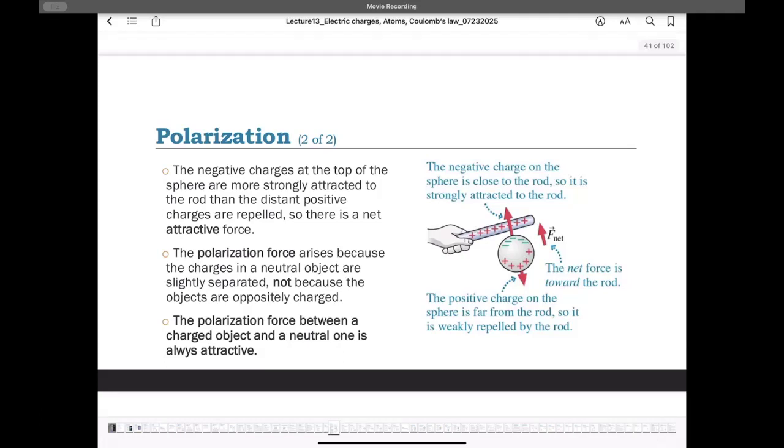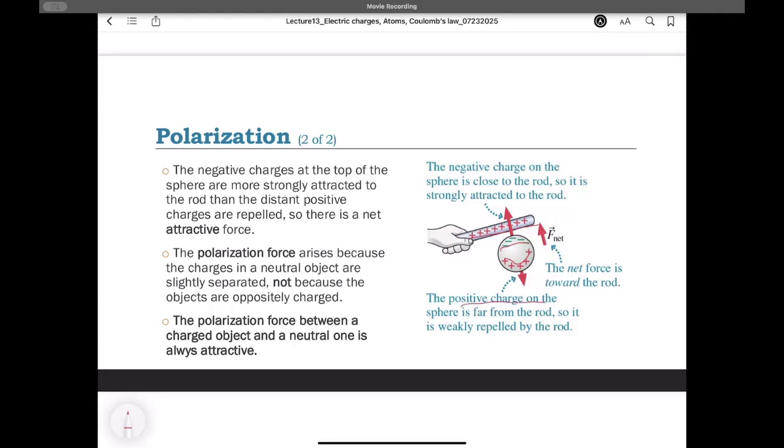Because you can see, this rod is positive, and this sphere has the charge polarization situation. All the negative is here and all the positive is here, and because of the distance, the net force is attractive. Does that make sense to you?